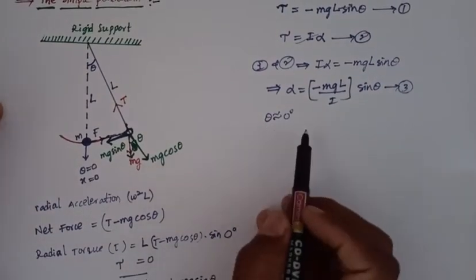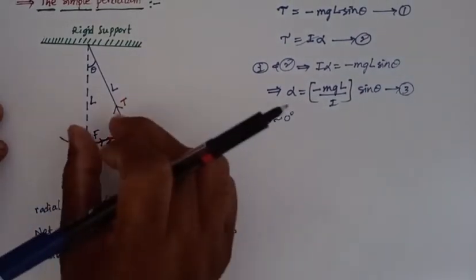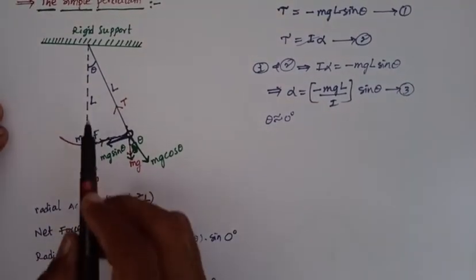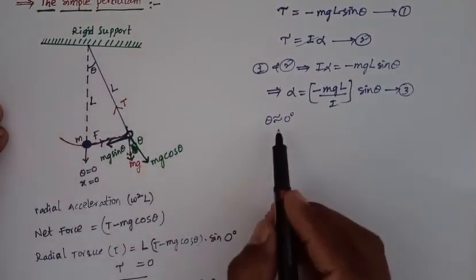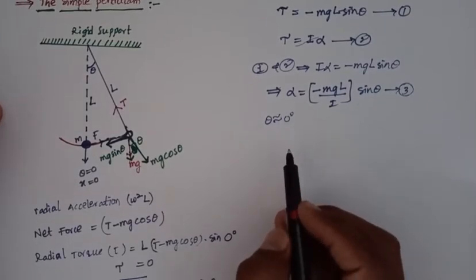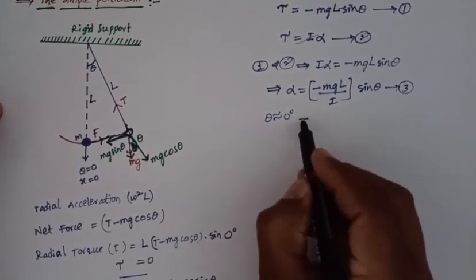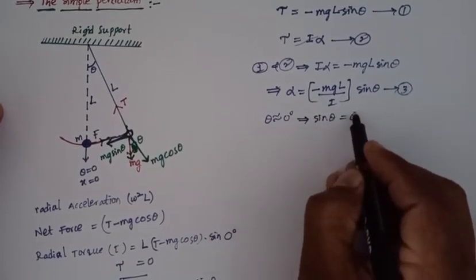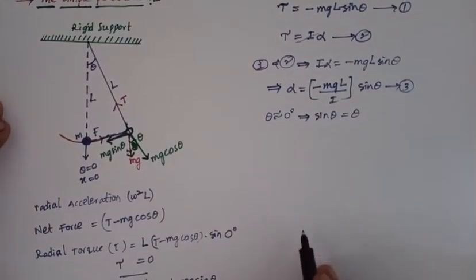Theta is not equal to 0, but we consider small oscillations, small vibrations, so the angular displacement is approximately 0. Then we can take sin theta equals theta. So this is the condition.